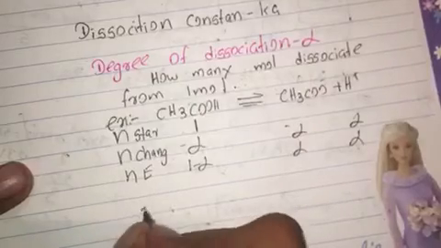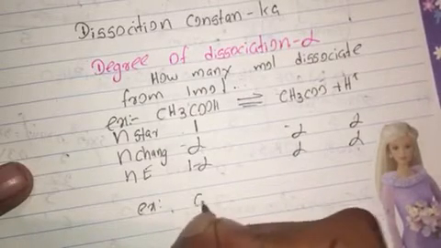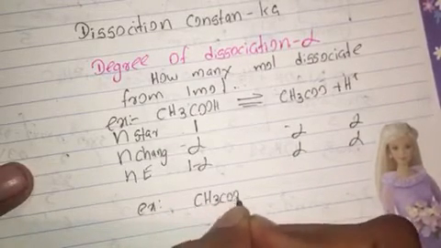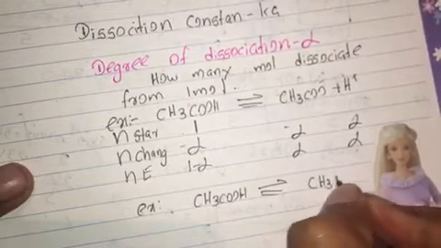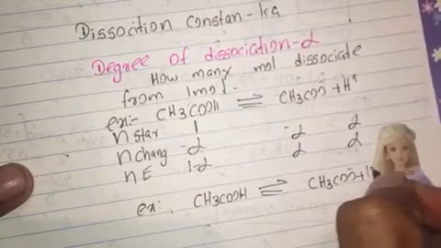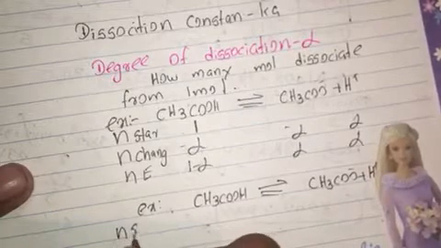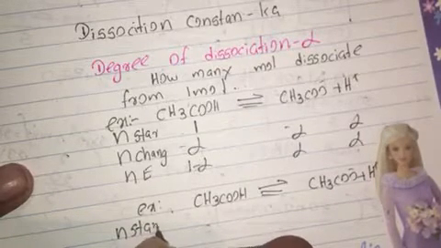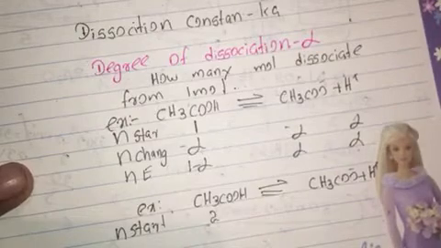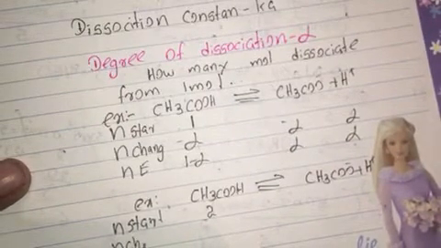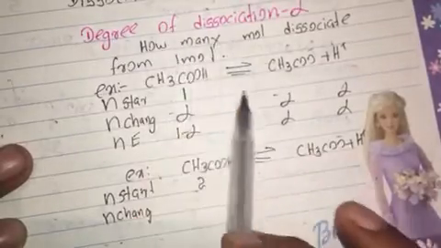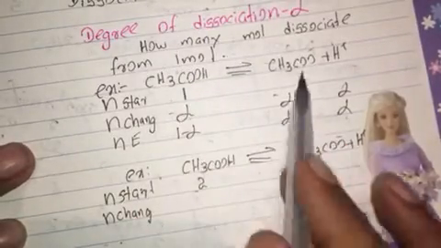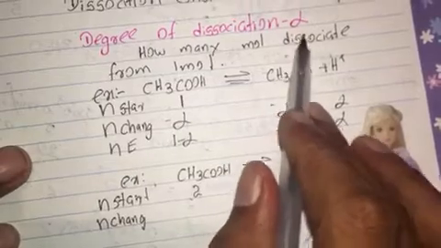Think of acetic acid where we put 2 moles. How many moles dissociate? From 1 mole, alpha dissociates.